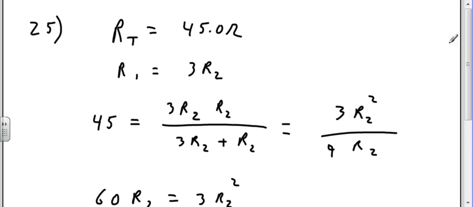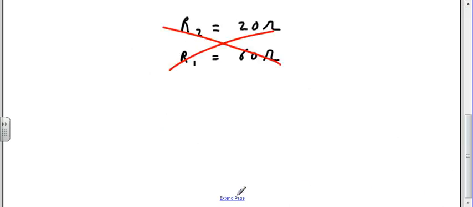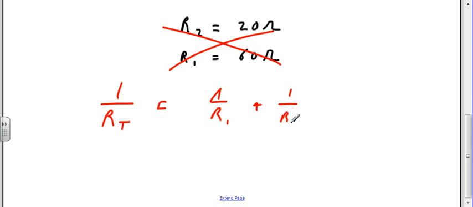So, yeah, we'll move back. So you're used to 1 over R total is equal to 1 over R1 plus 1 over R2, right? Yeah, that's what I was thinking. But I got a common denominator, right?